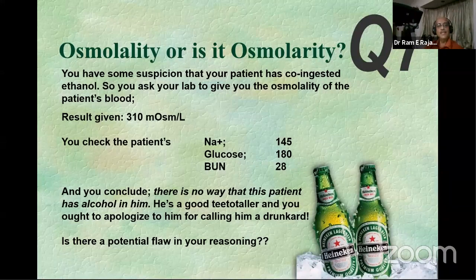They call you back and they give you a result saying 310. Okay. So at the same time, you check the patient's sodium, glucose, BUN, and you come to a conclusion that there is no way that this patient has any alcohol in him. He is a good teetotaler and you have to go and apologize to him for calling him a drunkard. Don't call me a drunkard either, because right now I don't think I have any reason for this.